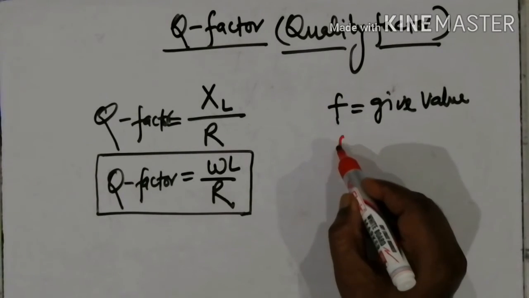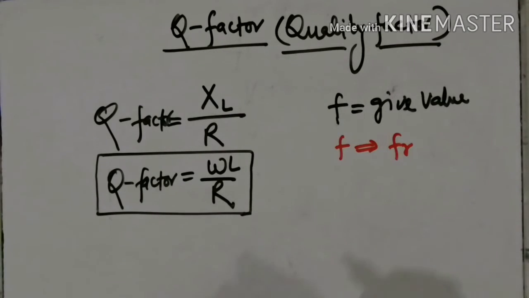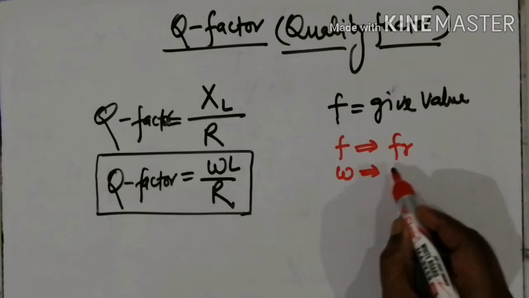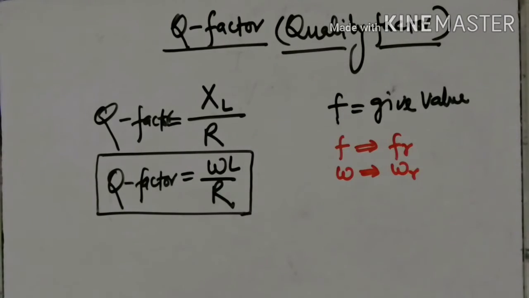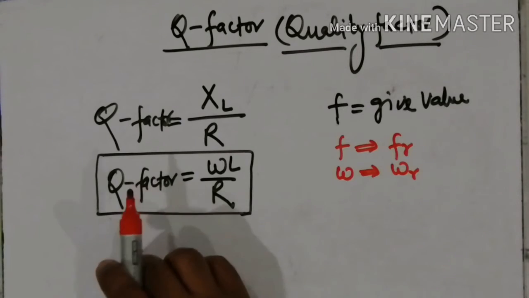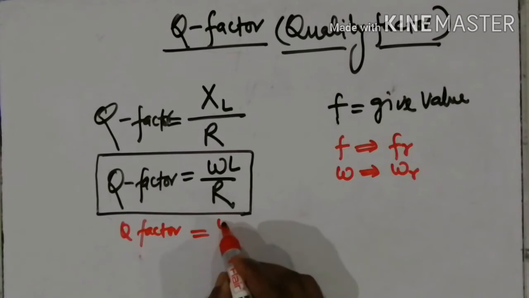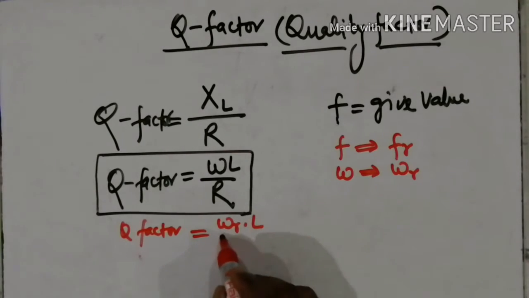This frequency becomes resonance frequency, so omega as omega R, right? So the quality factor becomes omega R into L divided by R.